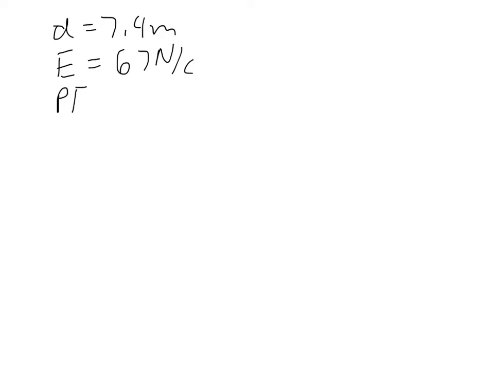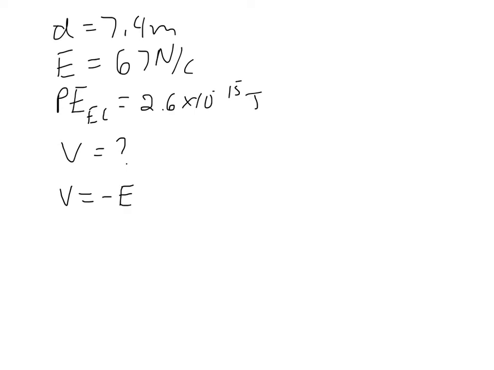And we say that its electric potential energy equals 2.6 times 10 to the negative 15th joules. And that increases, so that's going to be positive, and we're looking for the voltage between the two locations, the potential difference between the two locations. So we actually don't need to use the electric potential energy in this equation because we have the equation, our potential difference equals negative the electric field times the distance.